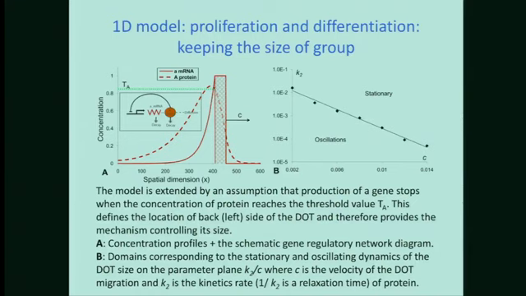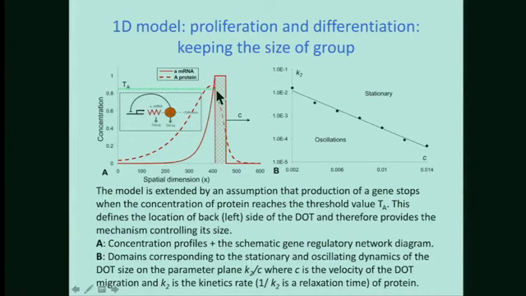Again, to make everything minimal, it probably can capture even more complicated scenarios. We can assume that if the concentration of this morphogen is very high, cells differentiate. So this is a threshold, for example.